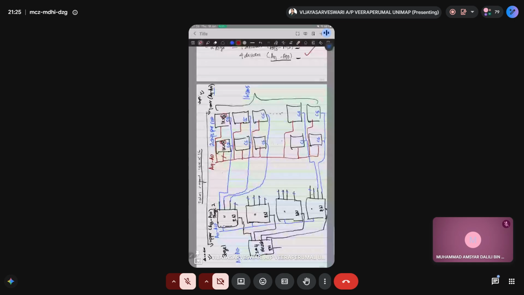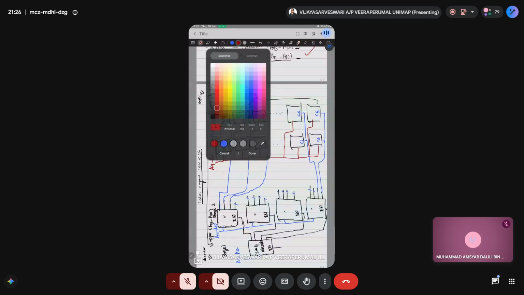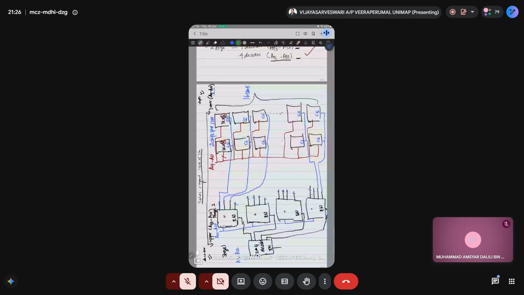So from this, sebab every chip you ada dia punya output juga. So kita punya output saya letak dalam warna lain pula. Output saya letak warna berapa? Warna hijau pula. Okay. So dia punya output. Okay, saya letak dia punya output.